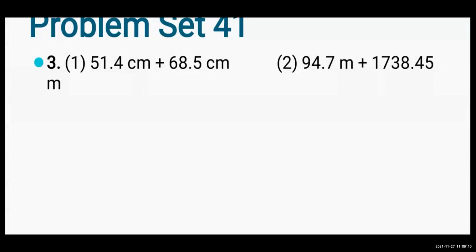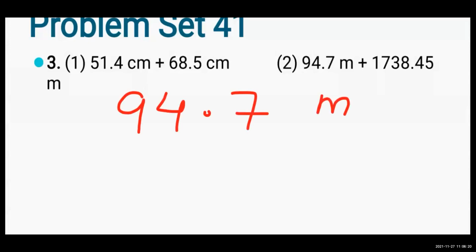Now here the first is given 94.7 meter. Okay. Now the second step will be plus. Next is point under point. Now after the point it is given 8, 3, 7, 1.